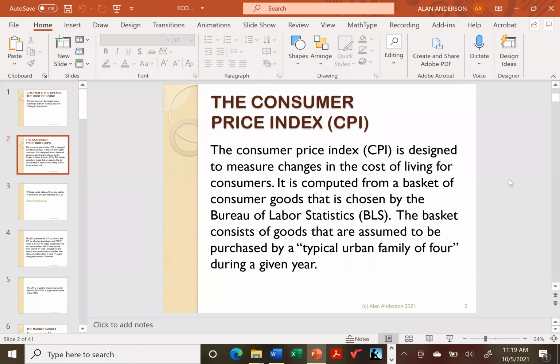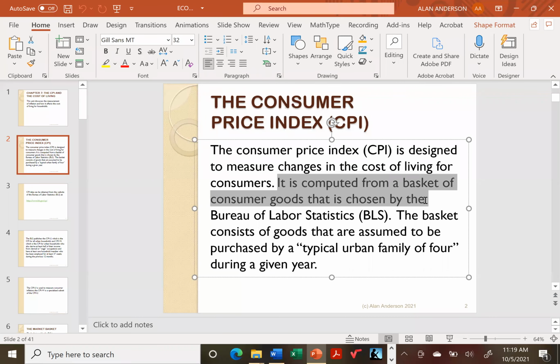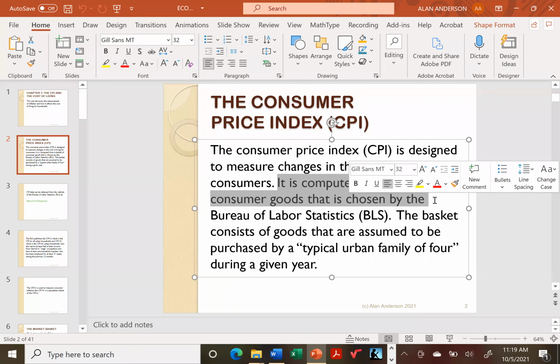So imagine yourselves being that typical urban family of four. Let's say you live in Manhattan and you have your parents and one sibling, and it's just the four of you who live there. The basket that these people create consists of all the goods that you might buy during the given year.